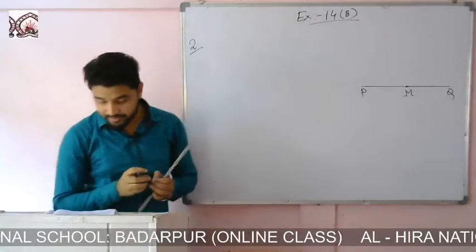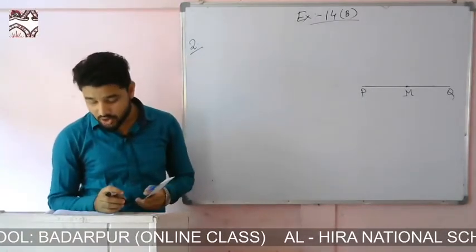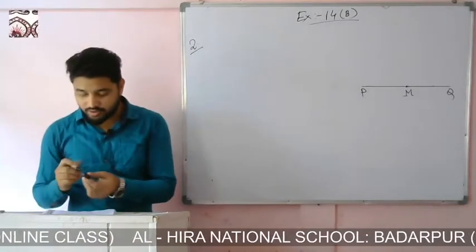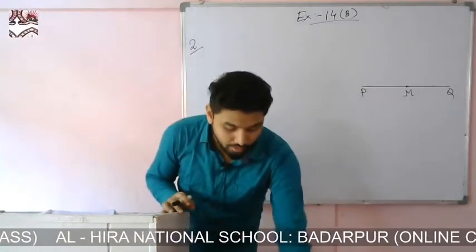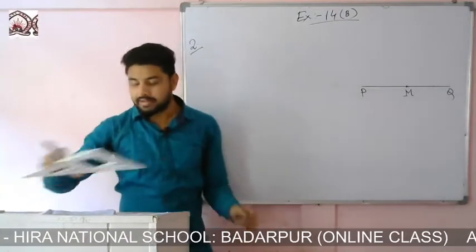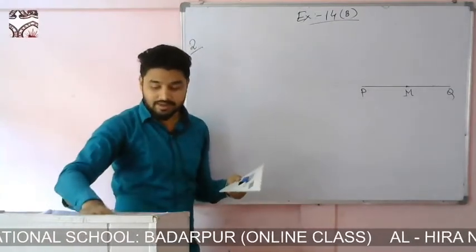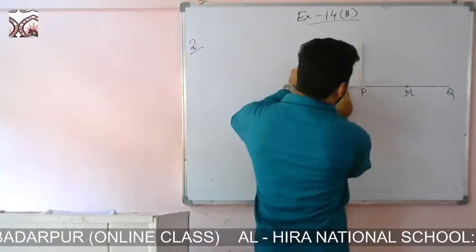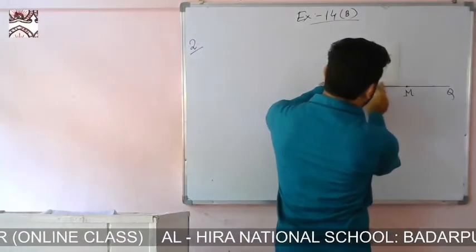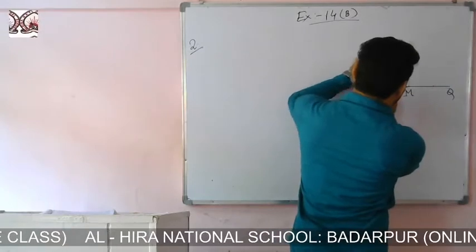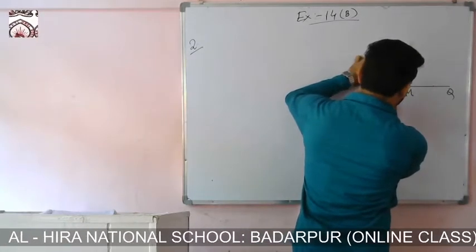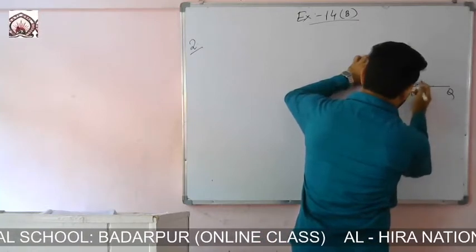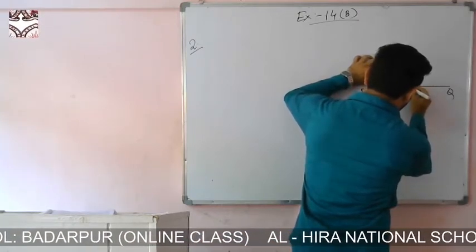Okay, using set square, construct a perpendicular MN. So like question number 1, Roman 1, you just take this set square and slide it from the point P to M like this. Place it here and draw the perpendicular line.